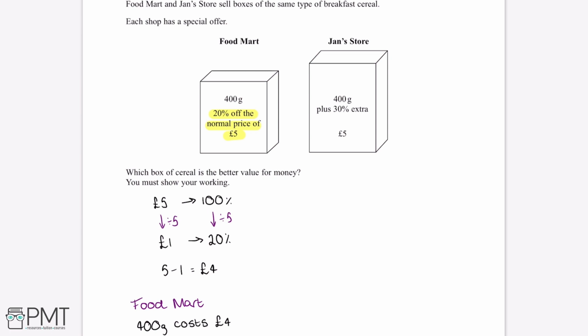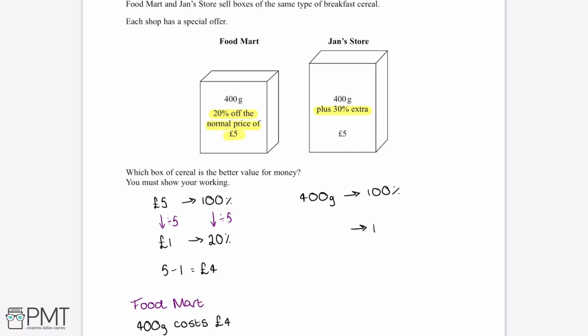So we've been told that Jan's store has 400 gram boxes plus 30% extra for the price of £5. And we can use the same process as before. If 400 grams is 100% of the weight, then we can first work out what 10% is, and then multiply this by 3 to give us 30%.